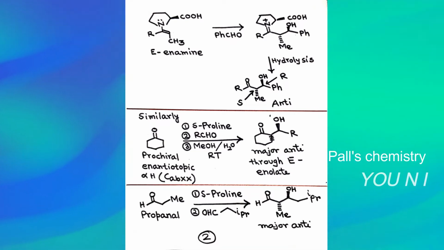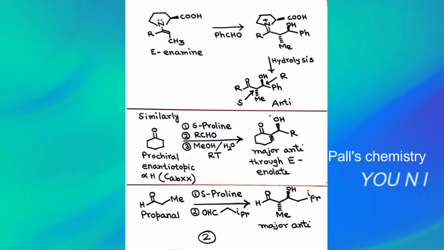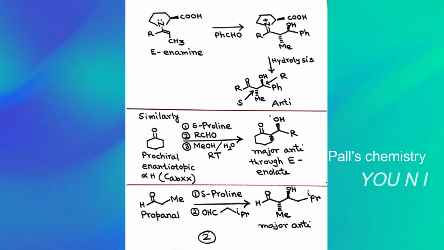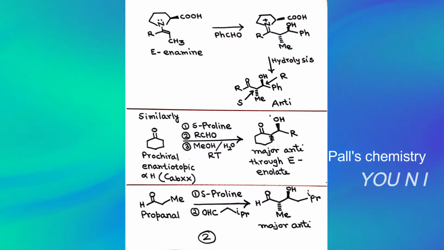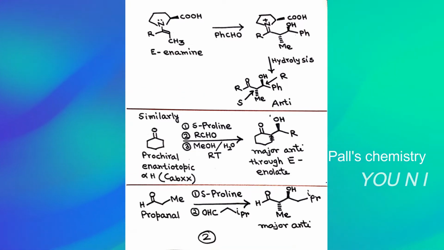And these two chiral centers, which are obtained due to this crossed aldol condensation, have the methyl below and the OH above the plane. Why? Because the OH and the carboxylic acid will undergo hydrogen bonding. Now after this we are reaching the last step, where we have to remove the chiral auxiliary by doing the hydrolysis.